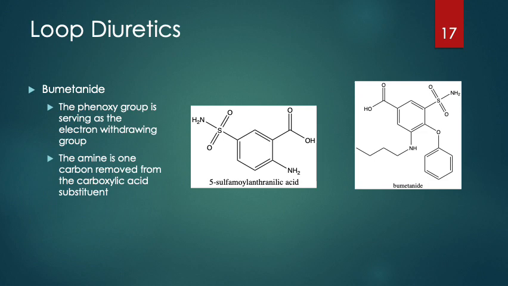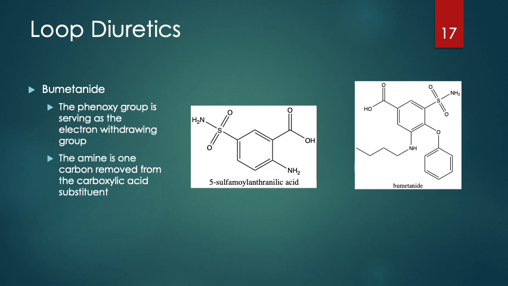In the case of bumetanide, the amine has been moved one carbon away from the carboxylic acid substituent, and this led to an increase in the diuretic potency. Very, very important fact here to remember. This gives you an idea of how moving and changing things inside of a structure can increase or decrease the activity of a particular molecule.